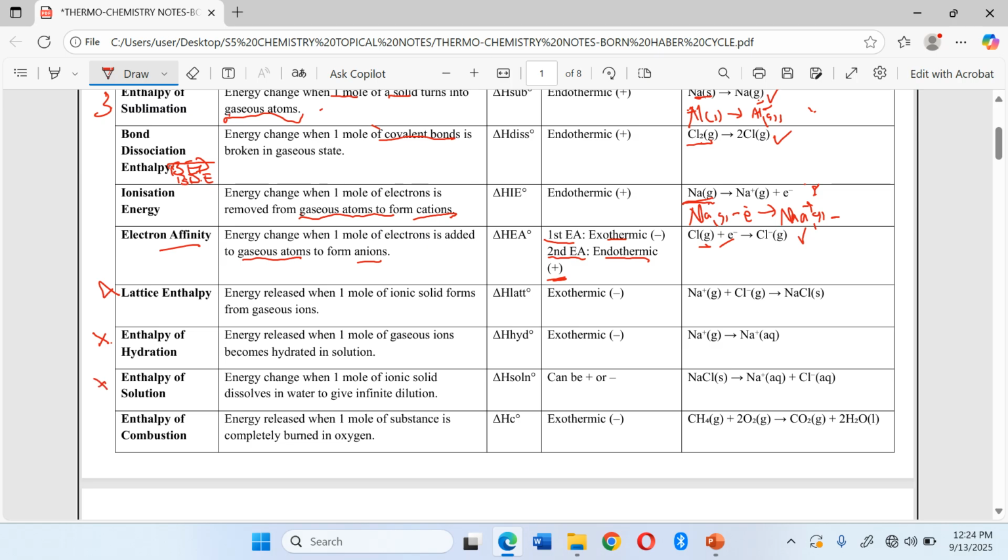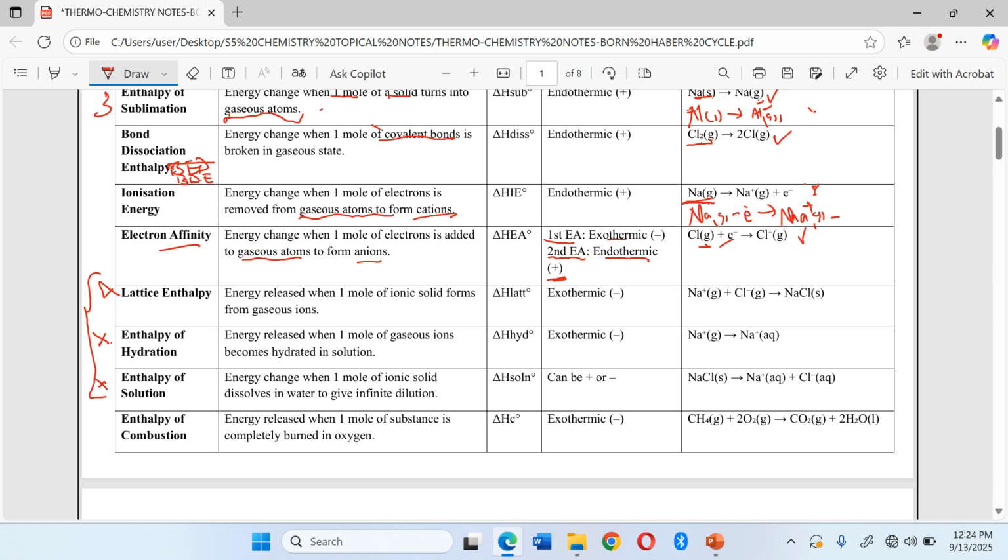Today we want to focus on these three. Then in our next session we shall be looking at the potential energy diagram, which relates all these.